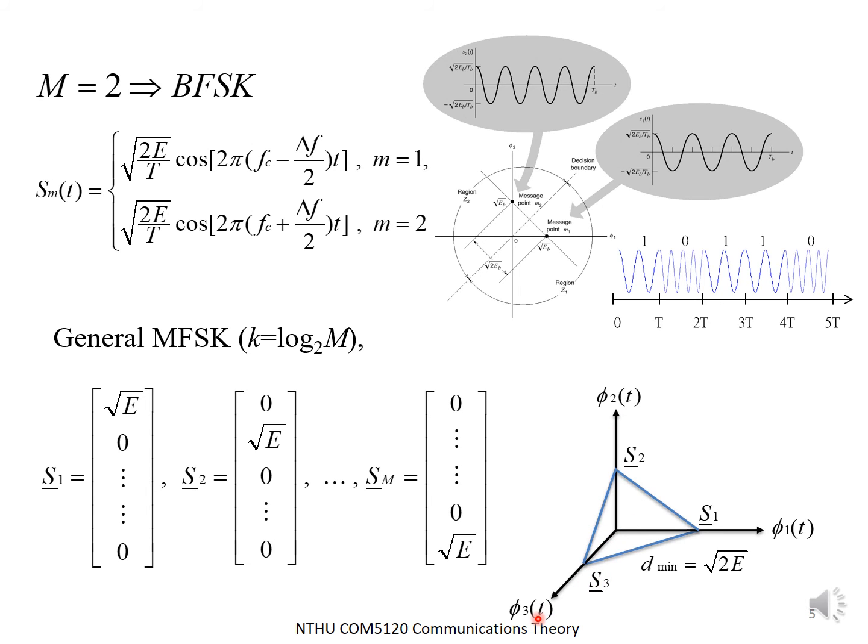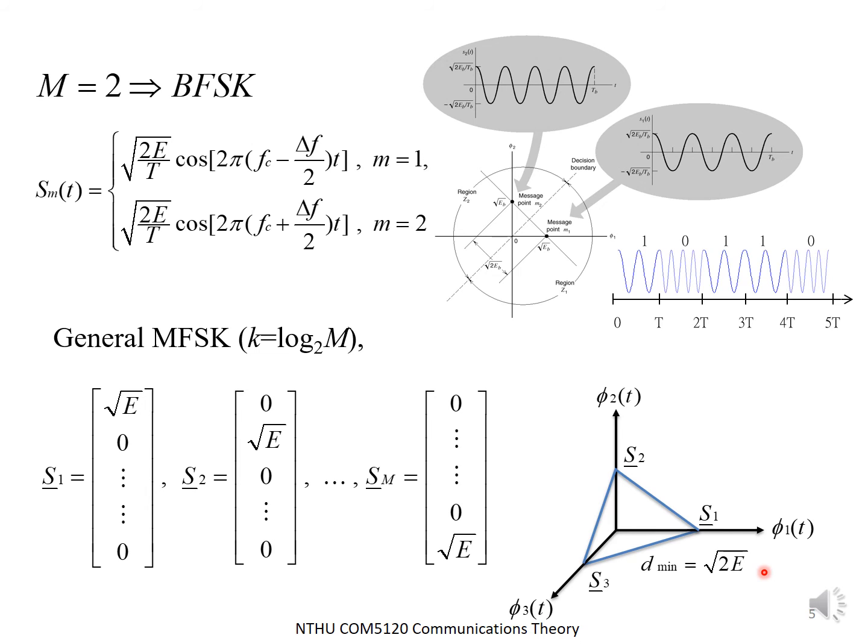The mutual distance for any two symbols, by taking the distance of any two vectors, also gives the minimum distance. That would be the square root of 2E. That gives the distance of two symbols, and also the minimum distance.